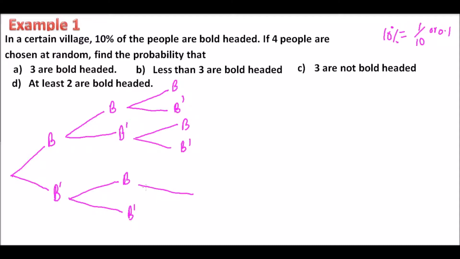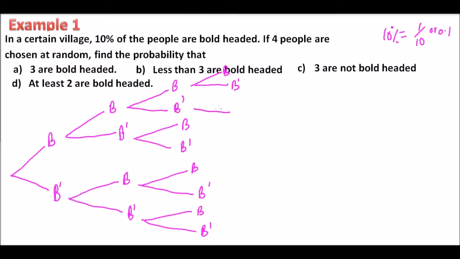Then we have the third choice in the other branch. You can have a person who is not bald-headed, bald-headed, and then bald-headed or not bald-headed. Then this other one, you can have bald-headed or not bald-headed. That is the third choice. The fourth choice, we have bald-headed or not bald-headed.